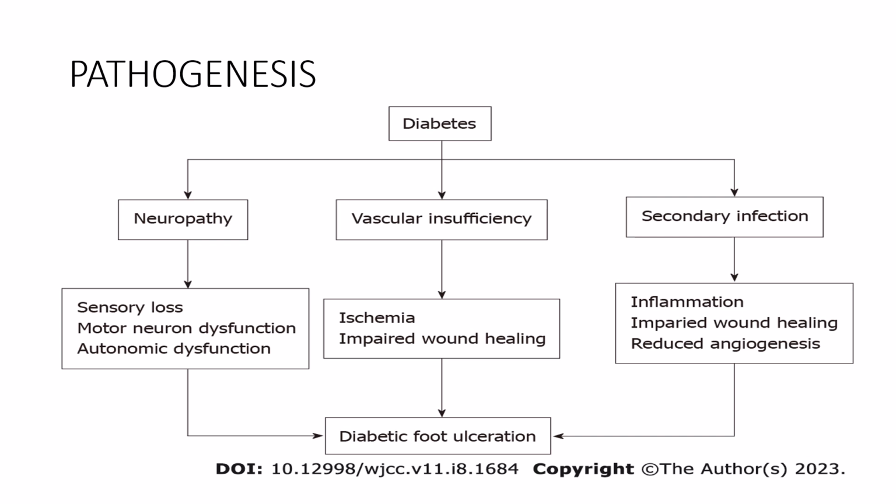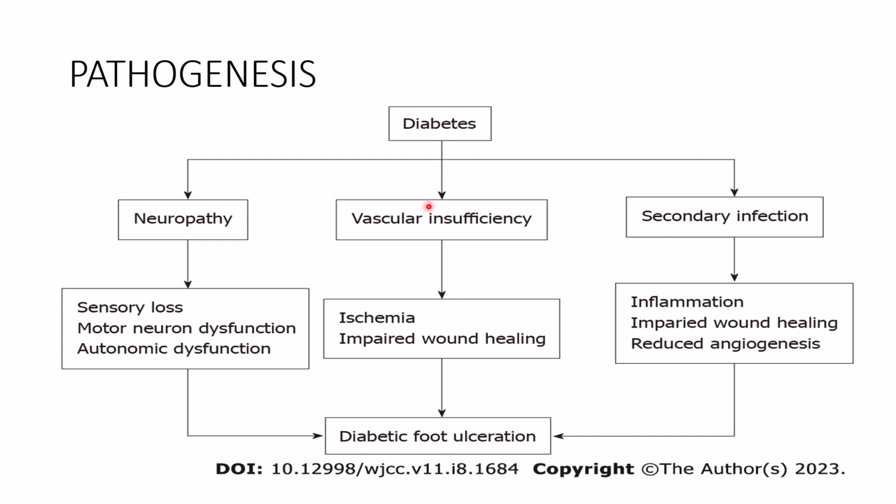So what is the pathogenesis? It actually involves three parts, that is neuropathy, vascular insufficiency and secondary infection. From neuropathy, the patient loses sensation, and then motor neuron dysfunction and autonomic dysfunction occur. This leads into diabetic foot ulceration.